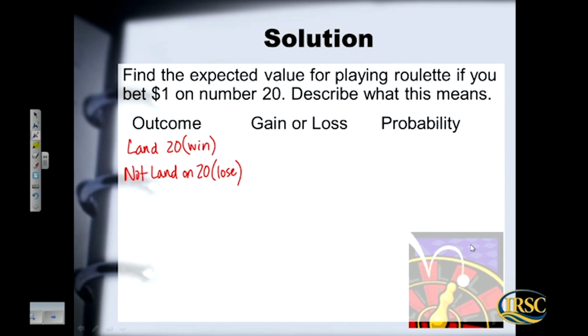You get your dollar, that's what you started with. When you get your dollar back, you break even. So you gain $35. We're going to list that as a positive number because it's a gain. Now what happens if it doesn't land on 20? You lose $1. Since this is a loss, we're going to note that as a negative number. So negative $1.